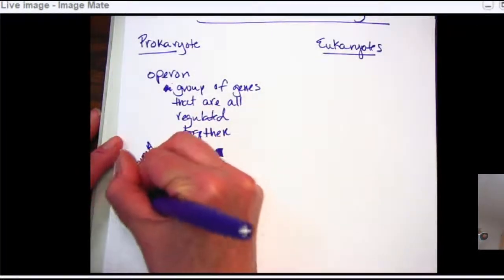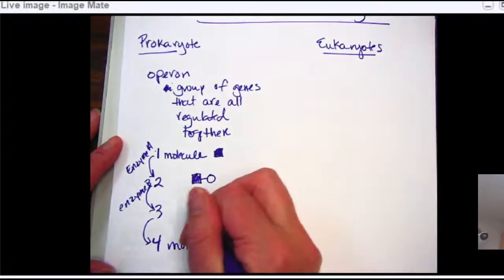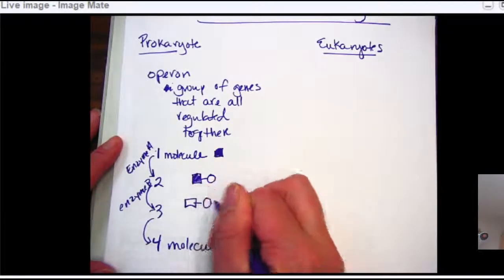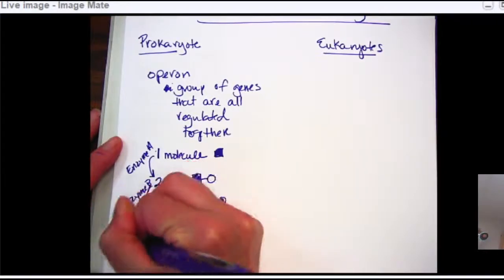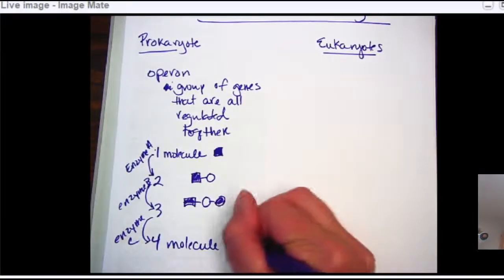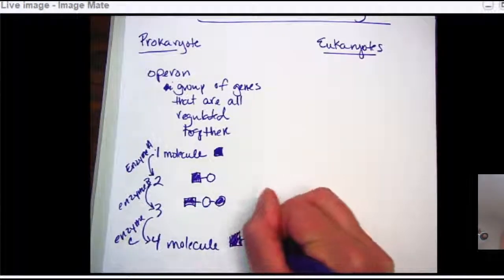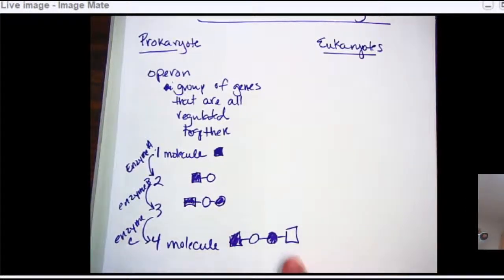And then we would need a different enzyme to catalyze the reaction from 2 to 3, and then a third enzyme to catalyze a reaction where we get molecule 4. And we finally have our final product.